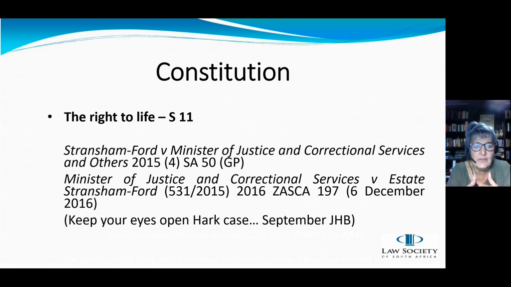So he approached the court and he told the court that he is going to die. It is just a matter of time. He will eventually die. He's terminally ill, but he is in immense pain. So he asked the court to be allowed to have a doctor assist him to die.